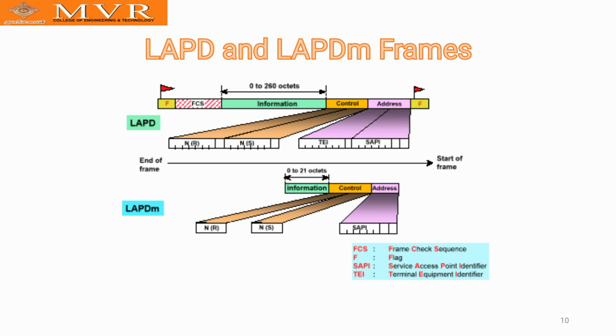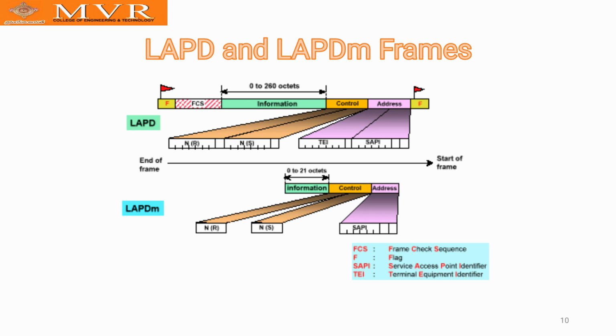See here the flag F. There are the two frames you see here; in this LAPD frame, FCS is the frame check sequence. F is for flag, and the information field has 0 to 260 octets, then the control and address fields, and the last one is the flag. The address will be TEI and SAPI.